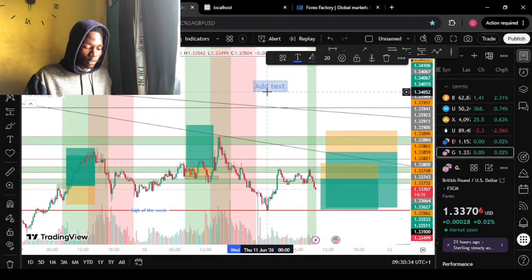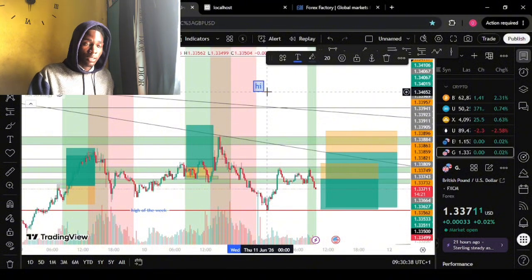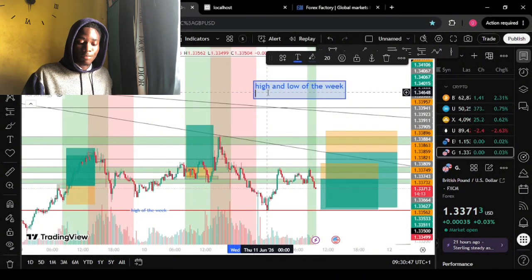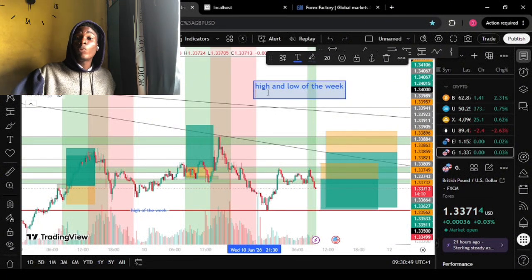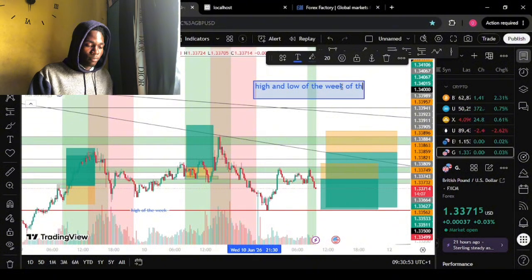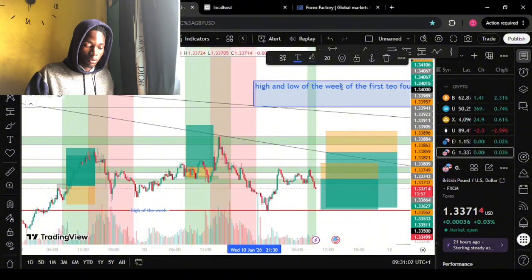Now the first thing I look out for at the start of the week is the high and low of the week, after I've mapped out the high and low of the first 24 hour candle to form.